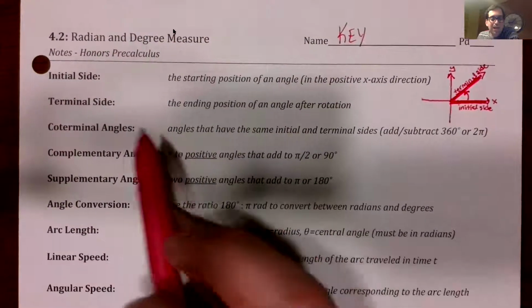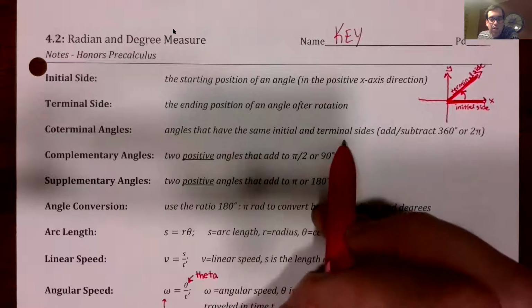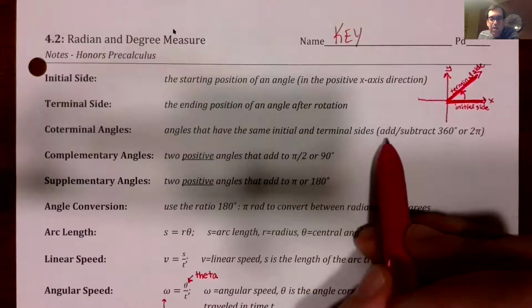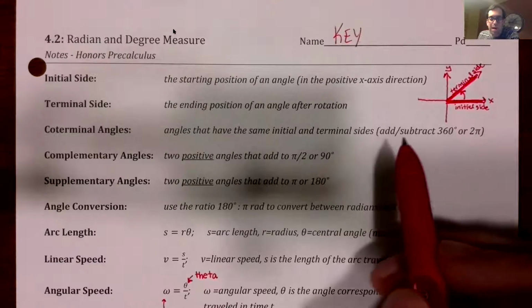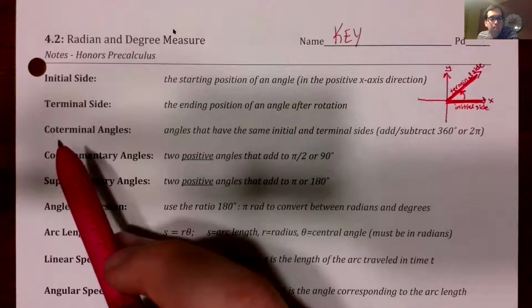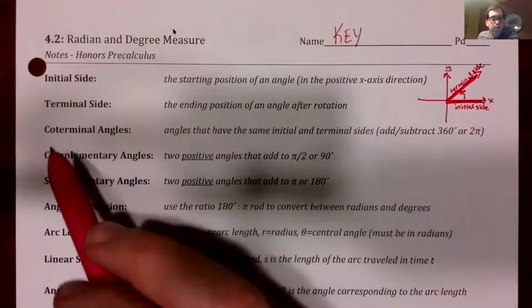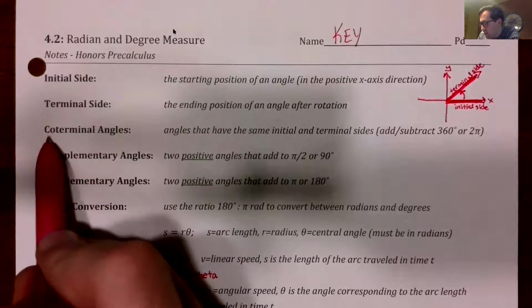And that is the idea of a coterminal angle, angles that have the same initial and terminal sides. You can either add or subtract 360 degrees and still end up with the same terminal side, same looking angle, but obviously a different value. So that's called coterminal because they end in the same spot, right?